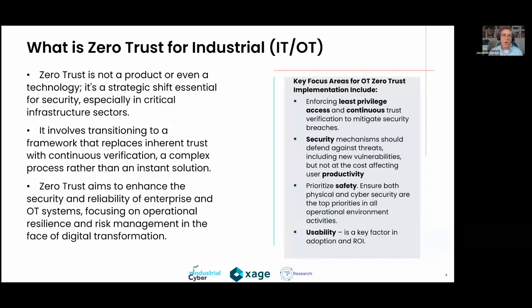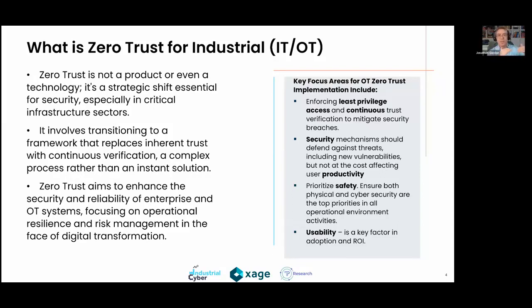So zero trust, it's important to keep in mind, is not a product or a technology per se, but it's really a strategic mind shift, a mindset that's particularly crucial when we're talking about critical infrastructure and things like manufacturing. It really challenges the traditional notion that's sort of trust-based, and typically the trust is based on location.